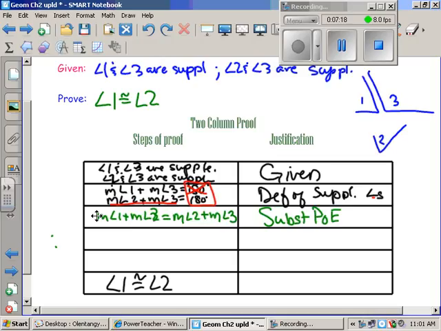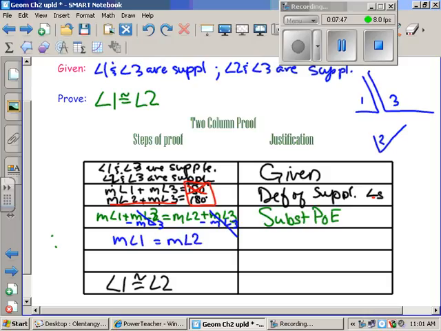What's messing us up here? Yeah, because isn't it on both sides? How would I do that? How do you take it out? Exactly, we subtract it. Because it's being added, so I can just subtract it. Subtract the measure of angle 3 from there and from there. Okay? And those cancel, so I'm left with the measure of angle 1 on this side and the measure of angle 2 on that side.